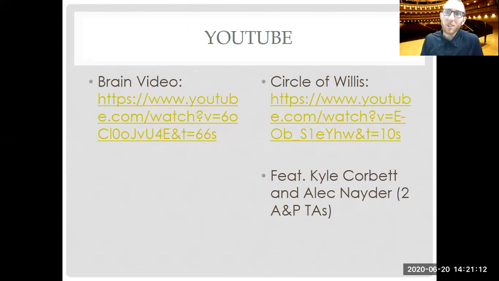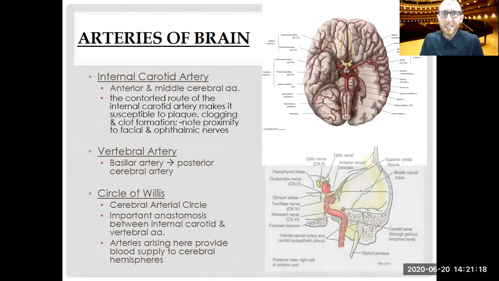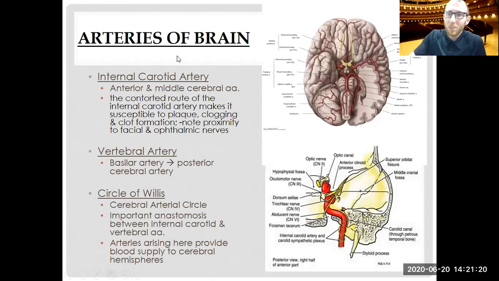But you're probably wondering, what the heck is the circle of Willis? So let's take a look at what I'm talking about here. As you travel up to the brain from the neck, eventually you're going to get to the base of the brain, and that's what we can see here.